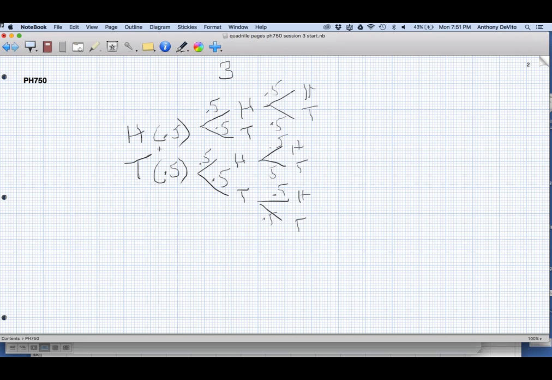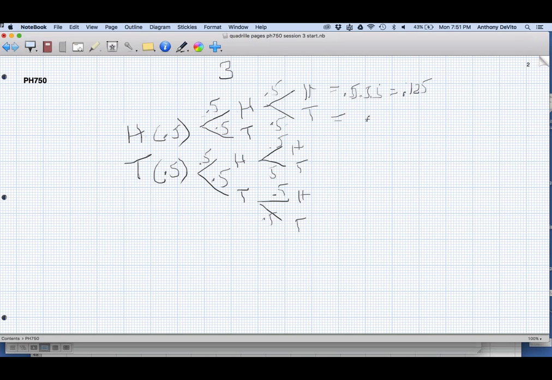In other words, every outcome is represented here. Probability of getting heads, heads, heads is equal to 0.5 times 0.5 times 0.5, which is 1/8 or 0.125. What's the probability that I would get heads, heads, tails?